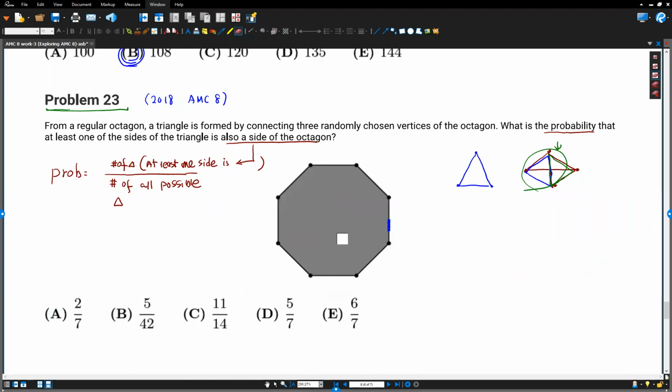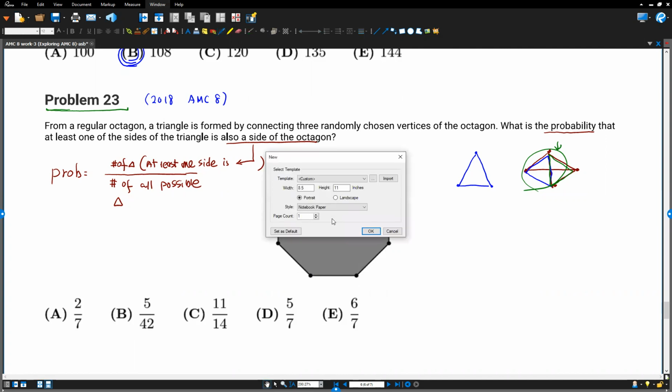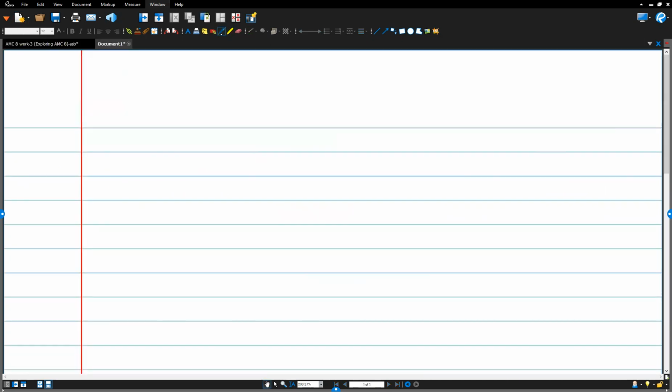All right, now let's learn some formula. If we have 3 points, 1 point, 2 points, 3 points, when you have 3 points, now we have one triangle.